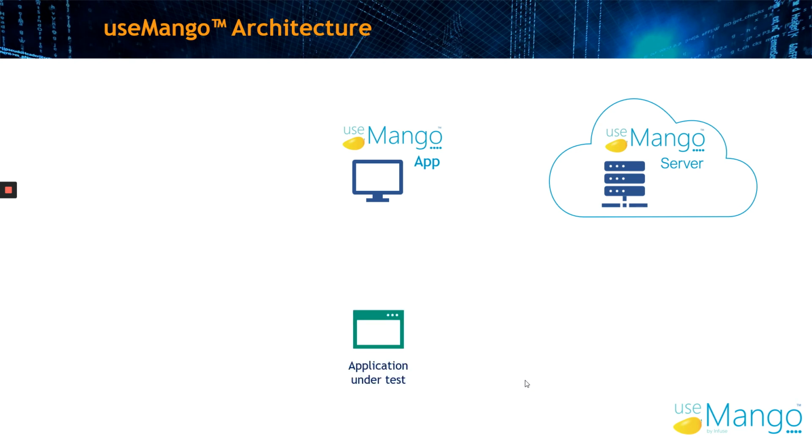You have your application under test, which could be different applications you are working with, but typically for a useMango scenario, this would be an application you are familiar with and can be accessed on the same PC where useMango is installed. useMango will operate on the test, implement test processes, output results, and come to the conclusion on test pass or fail. Then it will store all the data in the server.